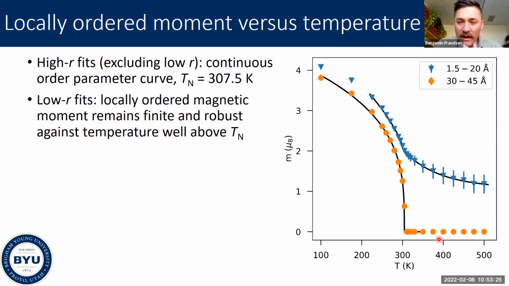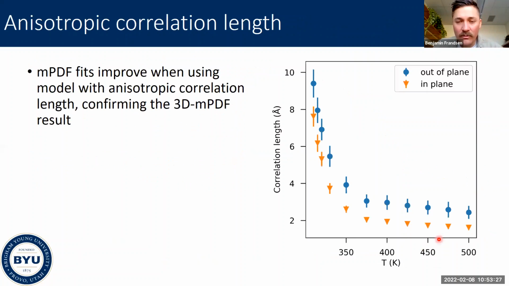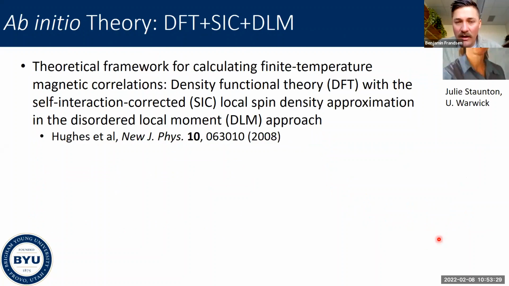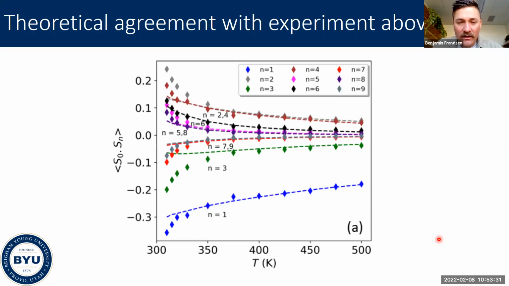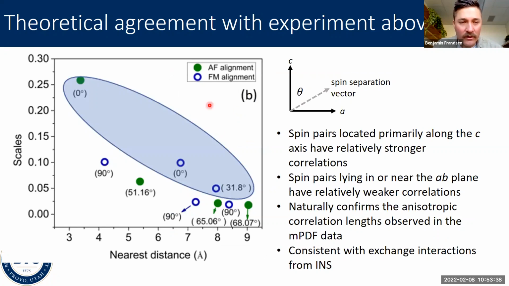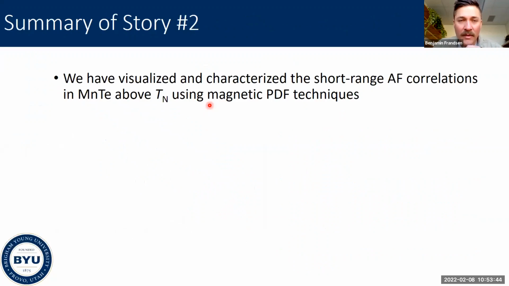There's some other interesting information we can extract, but I'll skip all that. I'll mention that there's some very nice theoretical work done as well by a collaborator of ours, and we're able to reproduce these results from ab initio DFT results, basically, with very high level of accuracy.